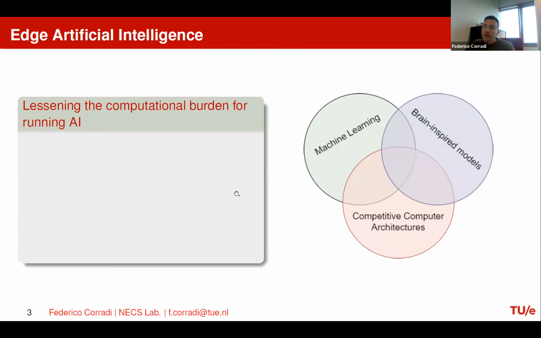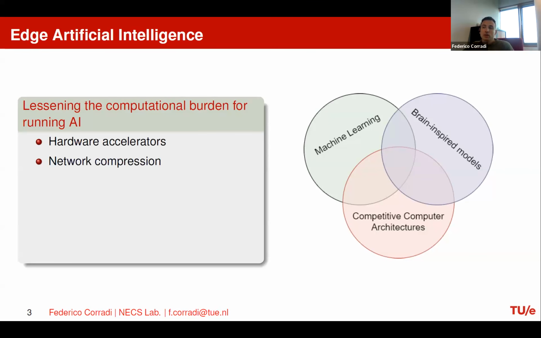So there are many approaches that people are looking at today, not only in neuromorphic. There are traditional machine learning approaches, there are brain-inspired models of computation, and there are computer architecture approaches. And these are fields that try to lessen the computational burden for running AI models. Well, people are building hardware accelerators, also for traditional DNNs.